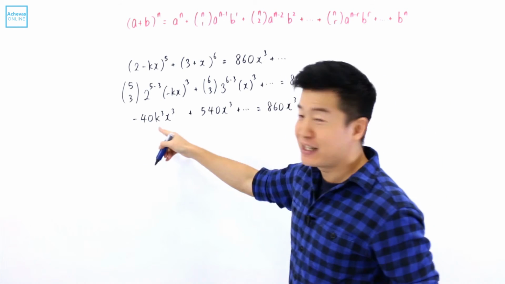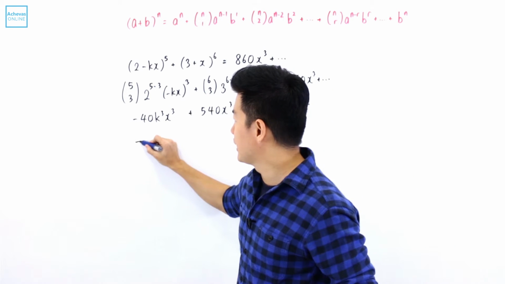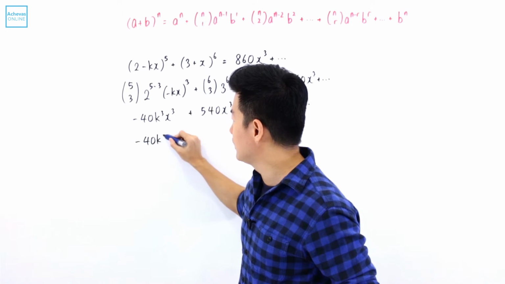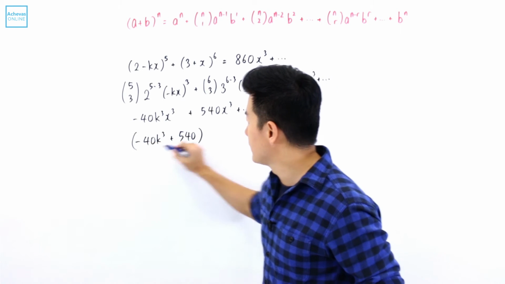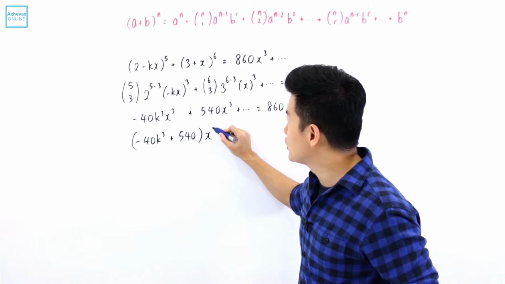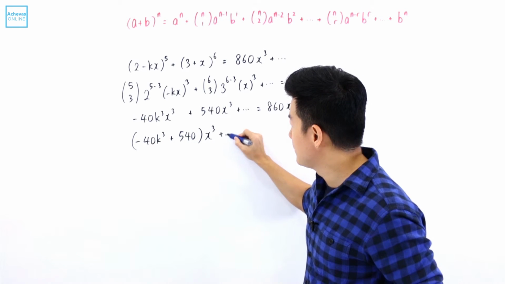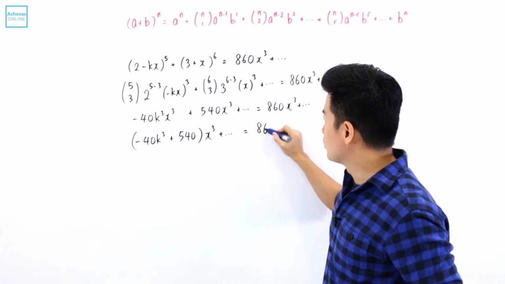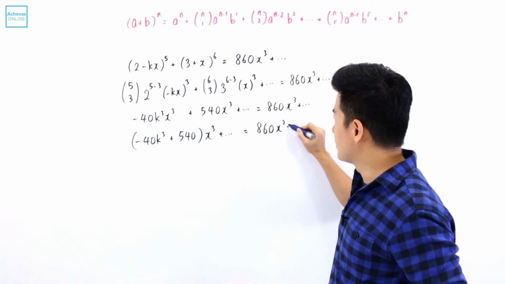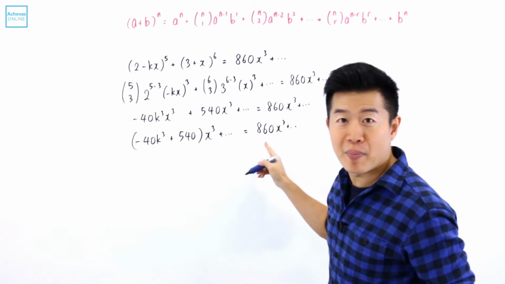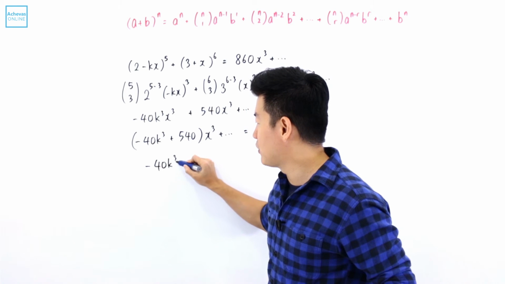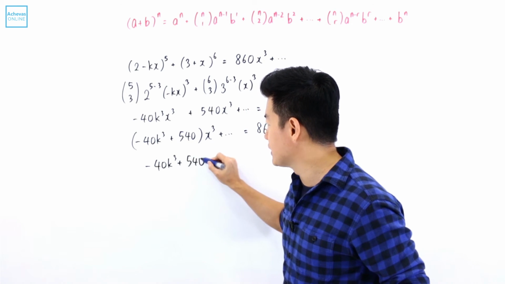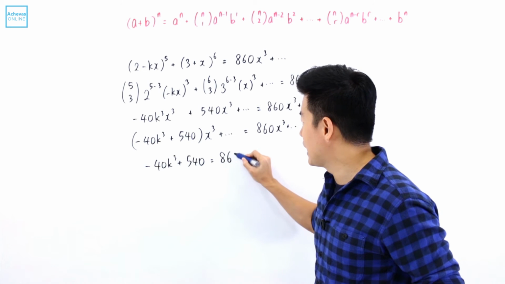And if I were to combine the coefficients together, I'm going to get minus 40 k to the power of 3 plus 540, and this is the coefficient of x to the power of 3. And this, I can match to 860 x to the power of 3. So if I were to compare the coefficients, I know minus 40 k to the power of 3 plus 540 is going to be equal to 860.